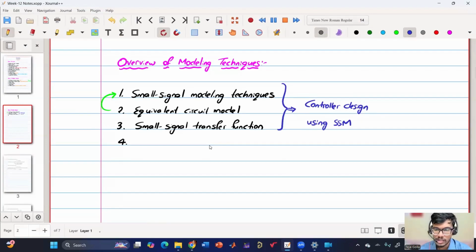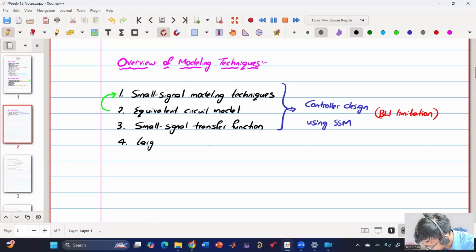Okay, then we have seen that there is a limitation. Again, I'm stressing this point because it is very important. We have seen that we have a bandwidth limitation. And then we moved to the large signal model, where we have not considered any approximations and we have considered the model as it is.